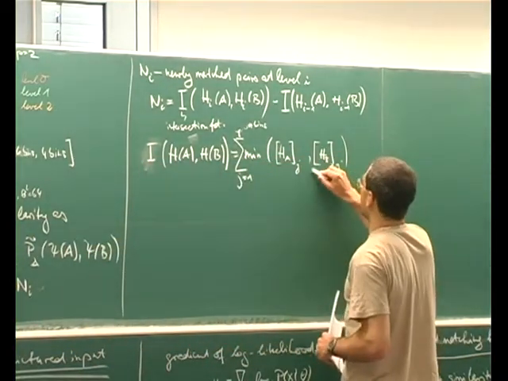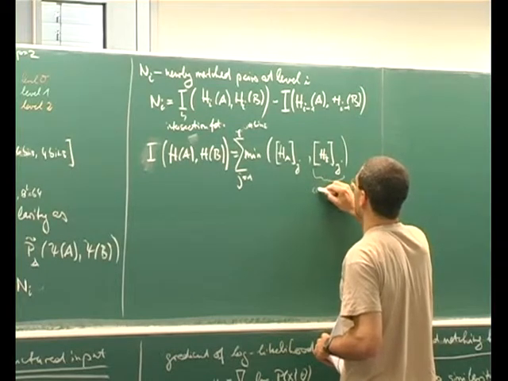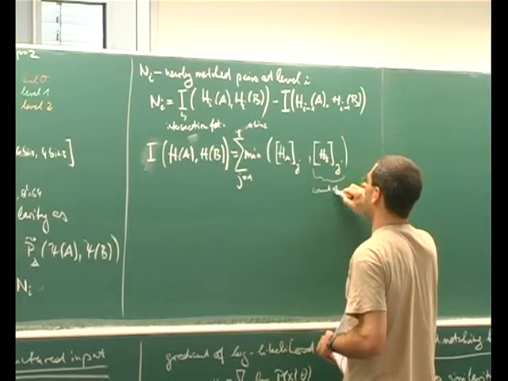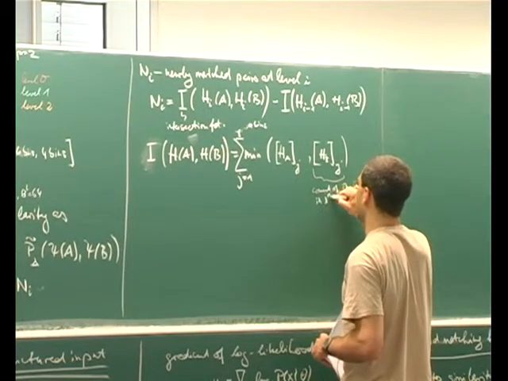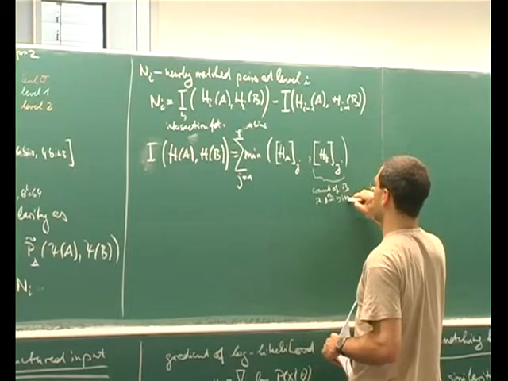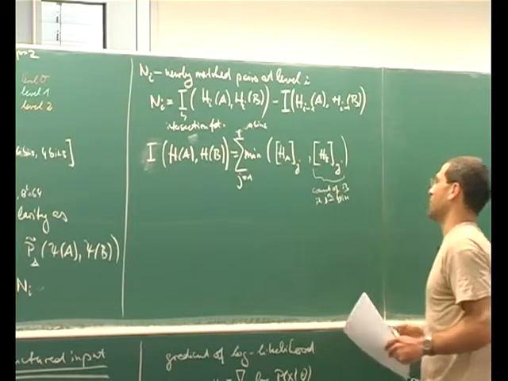So this would be here the count of objects of type B in the jth bin of this particular histogram.